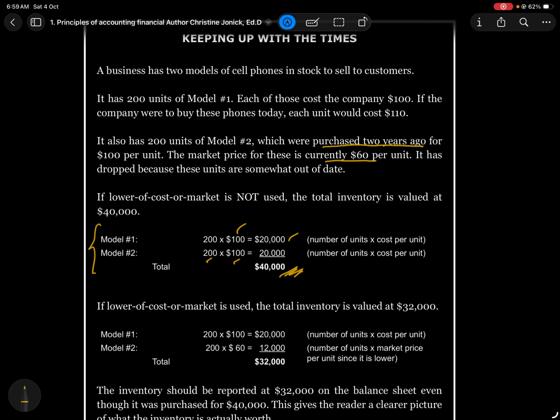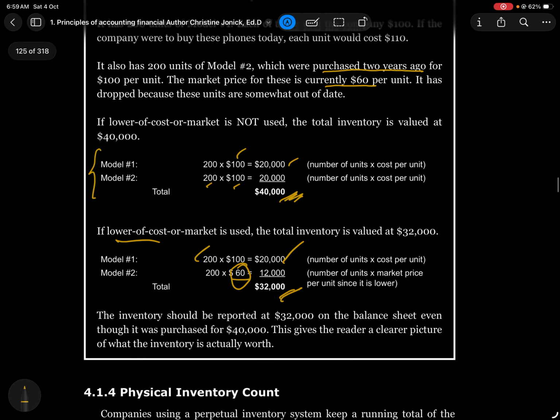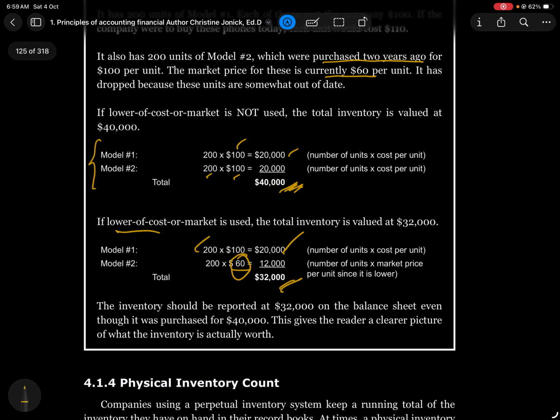But if we use lower of cost or market, what would happen? Model 1 would be the same, but for model 2, since we are only getting $60 per unit, our costing would change to 32,000. So there would be an $8,000 devaluation of inventory.